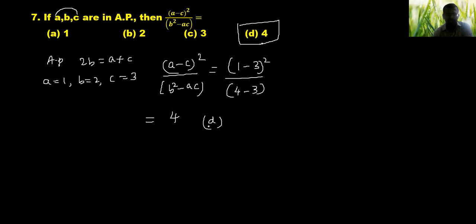So now we move to the next question, question number 8. See, summation of n cube into summation of n equal to summation of n square whole square. Substitute the values. Summation of n cube means n square into n plus 1 whole square by 4. Summation of n means n into n plus 1 by 2.